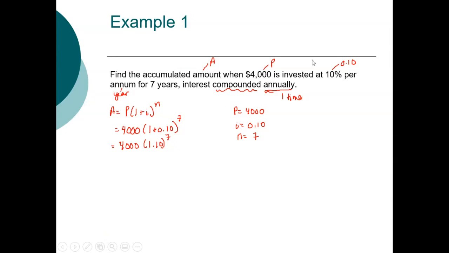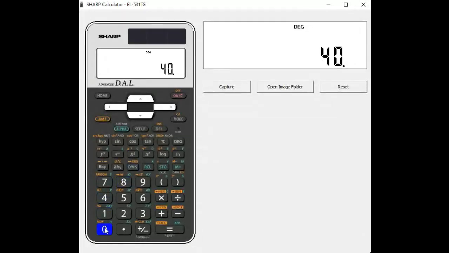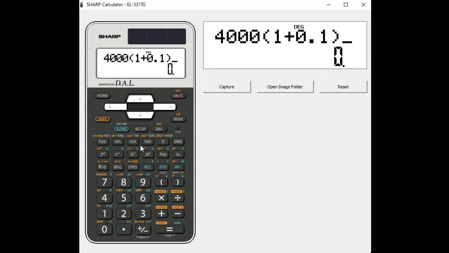Should I pull up the calculator? Let's do it for this one. I think I have my calculator up. Okay, so we had 4,000 times (1 plus 0.1) to the power of 7.